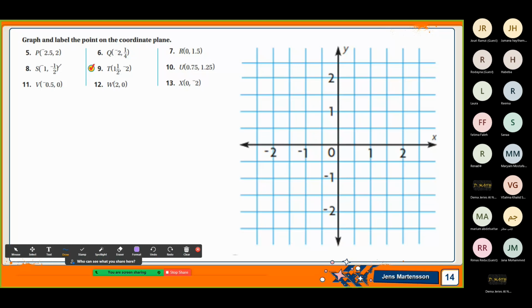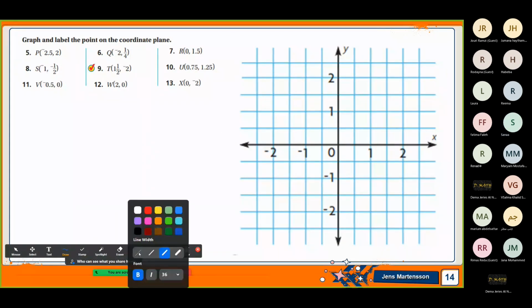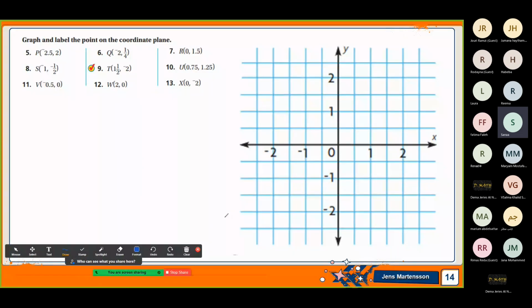Sana. Yes, Miss. Yes, Sana. Number 5. Its coordinate is -2.5 and 2. First of all, where is -2.5? It's here beside the -1.